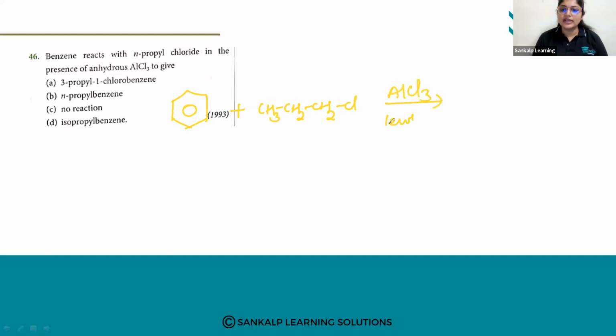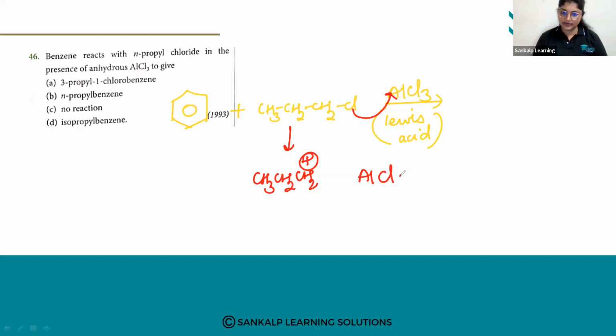AlCl3 is an electron deficient compound and it is a Lewis acid. What will happen? There will be formation of a carbocation: CH3CH2CH2 positive, and the Cl will attack the AlCl3, so it forms AlCl4 minus.